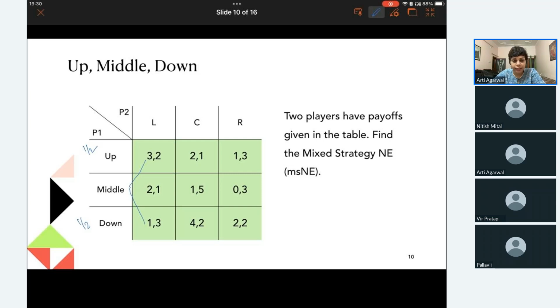Now for strategy C of P2, what is the expected payoff of the up and down mixed strategy? 3, right? 4 plus 2, 6 divided by 2 is 3. That is higher than the payoff from middle. Now if P2 is playing R, up and down with half probability gives 2 plus 1, 3 by 2, which is 1.5, higher than middle. That means the mixed strategy up plus down is dominating, or weakly dominating, the strategy middle.